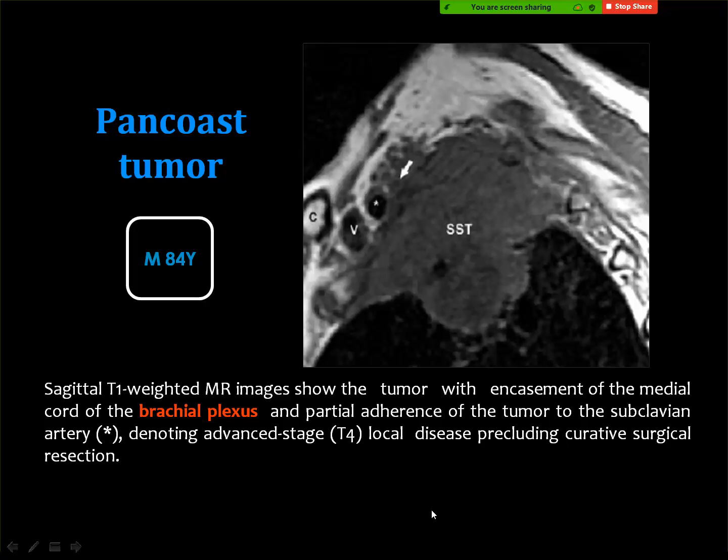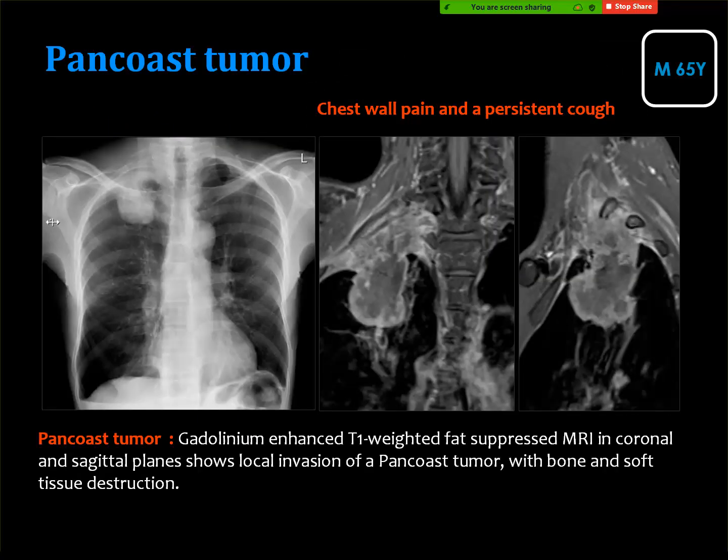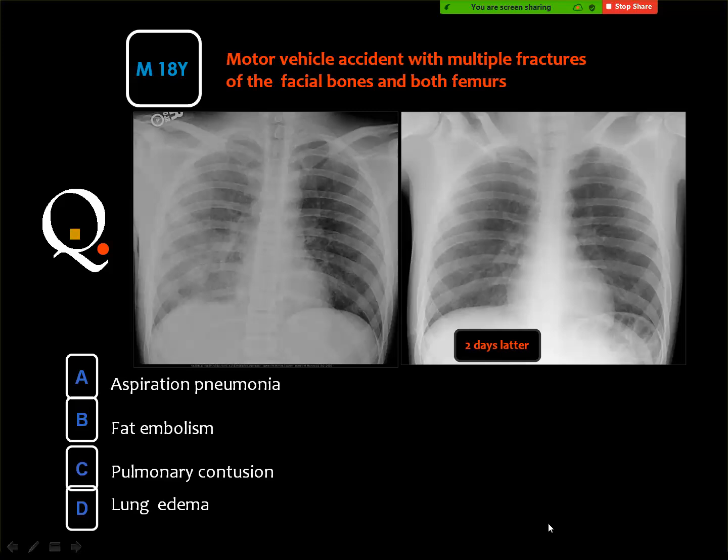Any invasion of one of these three structures is a contraindication for surgery. Then X-ray can help in the diagnosis of the tumor by showing the adjacent rib destruction, but you need MRI for the three important structures I have mentioned.